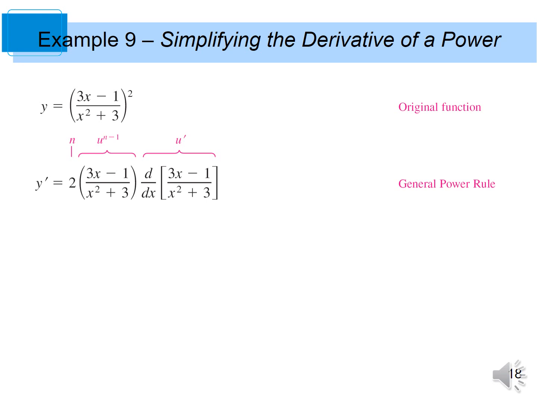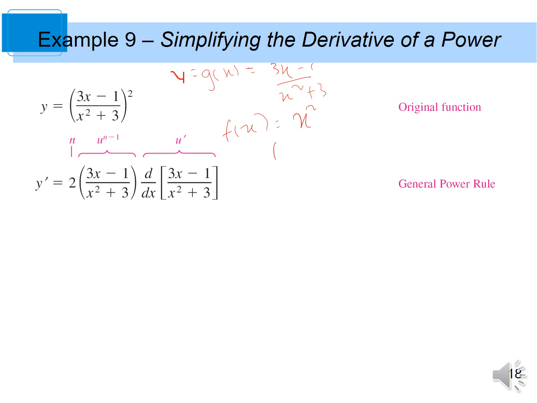So hope you understand, because u equal to g(x) is the inner function, and I let my inner function be 3x minus 1 over x squared plus 3. Then my outer function f(x) equal to x squared.